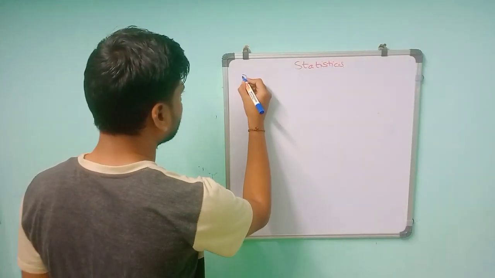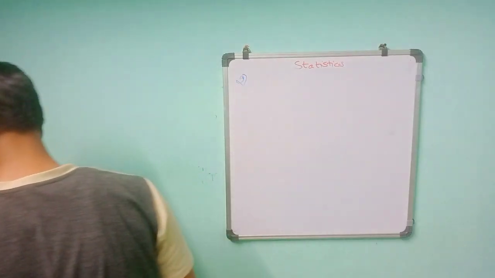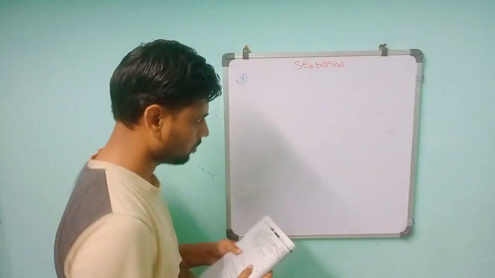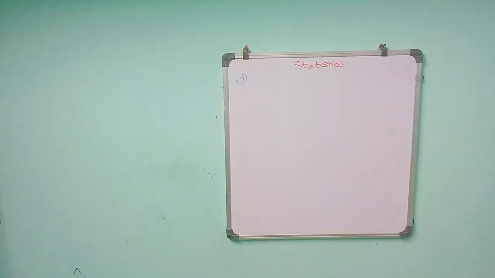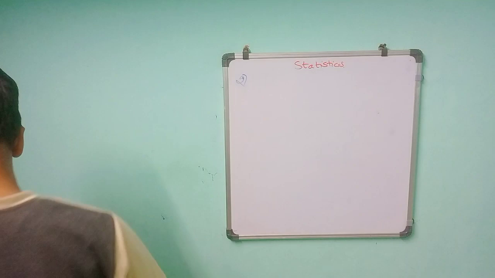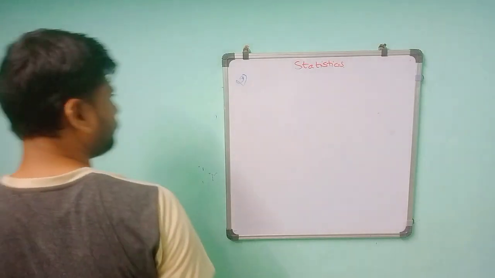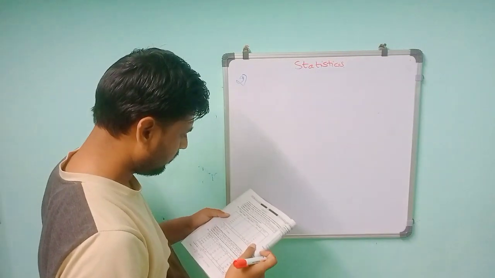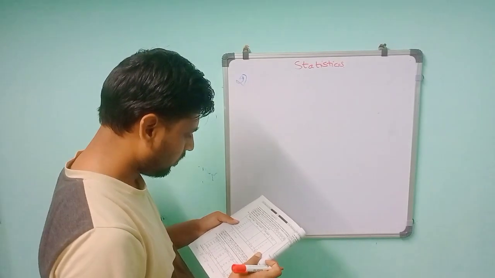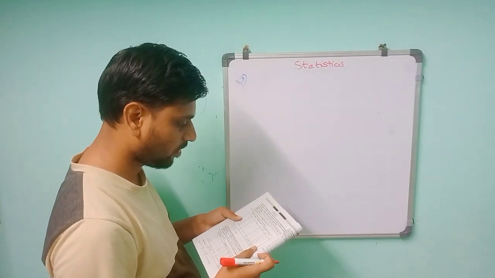Then the second one. They gave: consider the following distribution of daily wages of 50 workers of a factory.